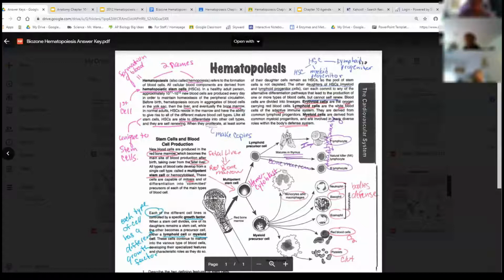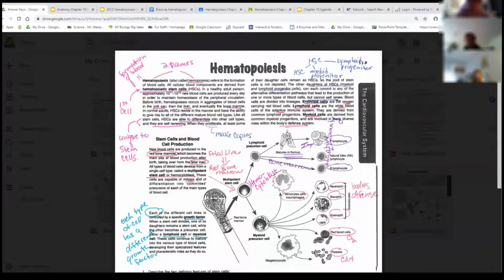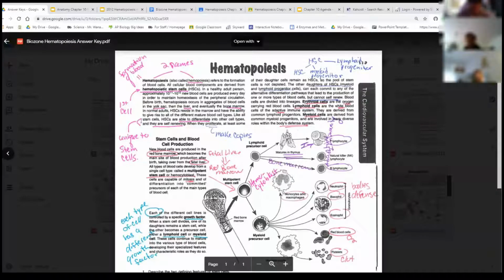When I do that, I also take notes. I read and then make sense of it. This is my own sense making: a flow chart of how words were connected, identifying some key terms. Right here, it talks about what's unique to stem cells.